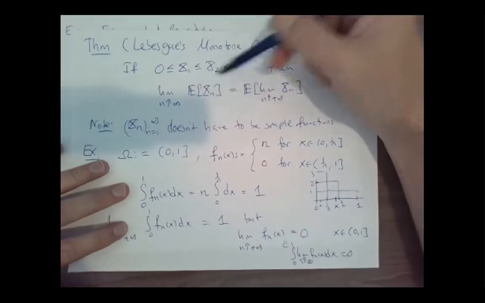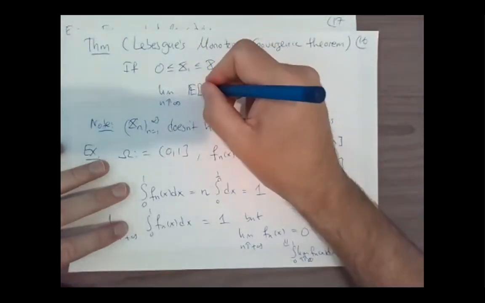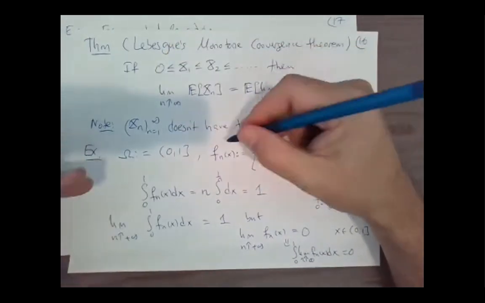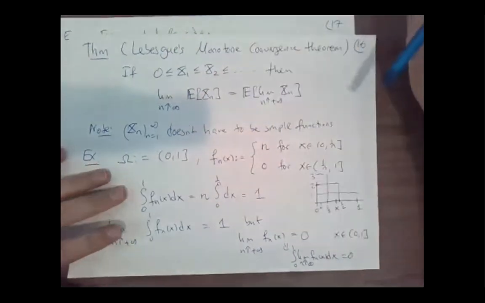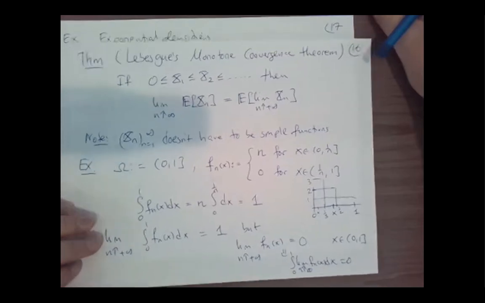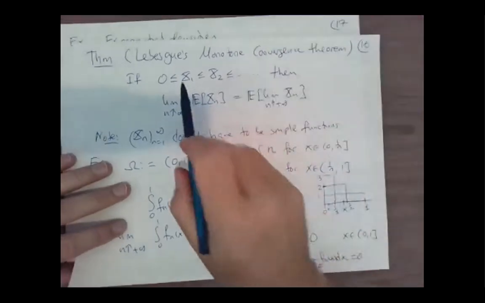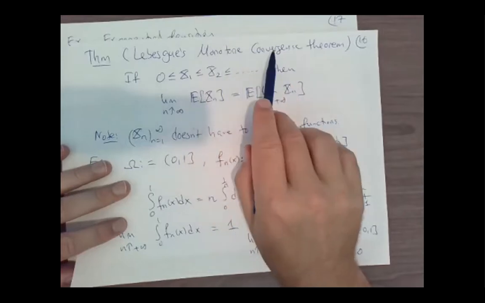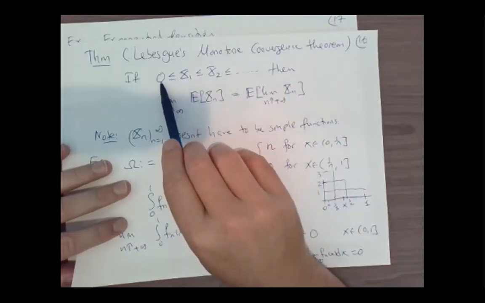Then you can use this theorem, and you pull the minus sign outside here, and you're going to do the same thing over here, cancel the minus signs out, and you're going to get that it works for such monotonically decreasing sequences. I'm not talking here about completely general monotone sequences, because here I'm requiring positivity.